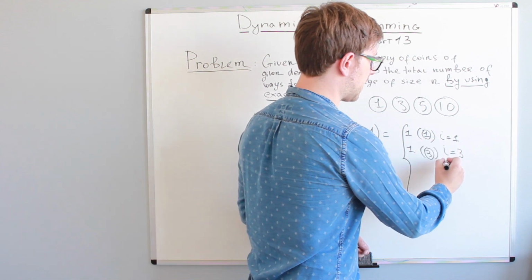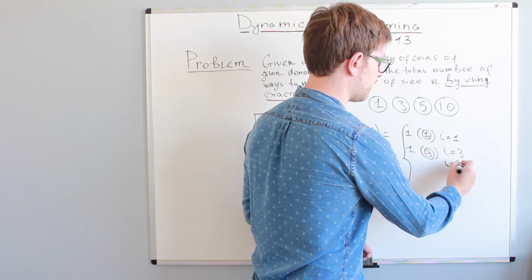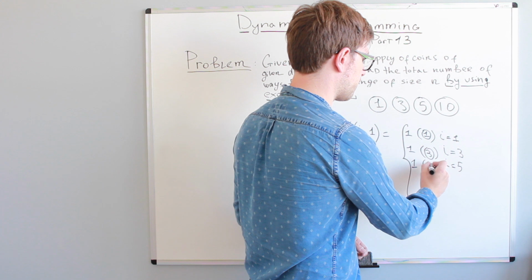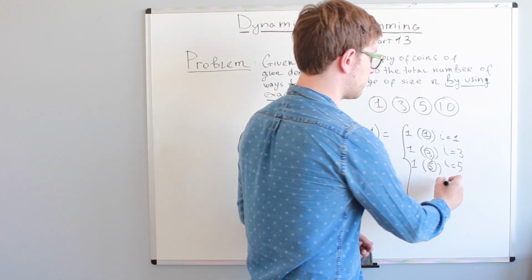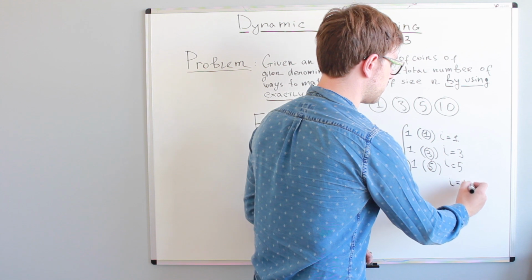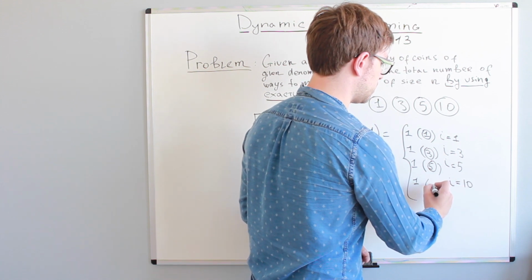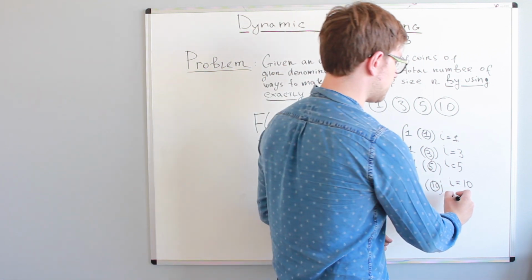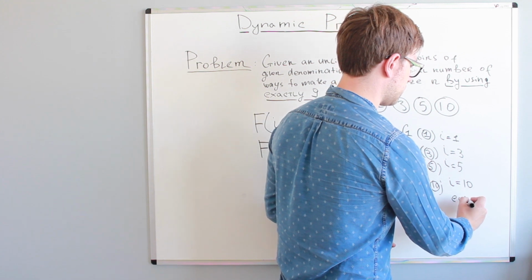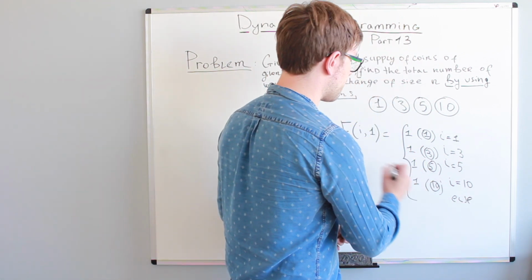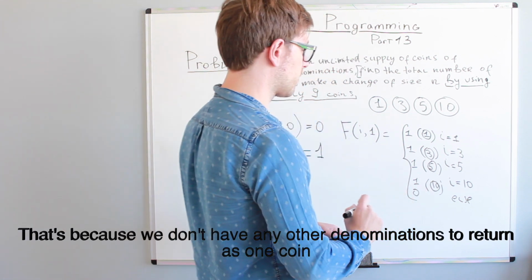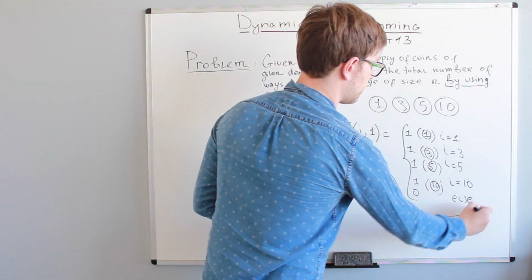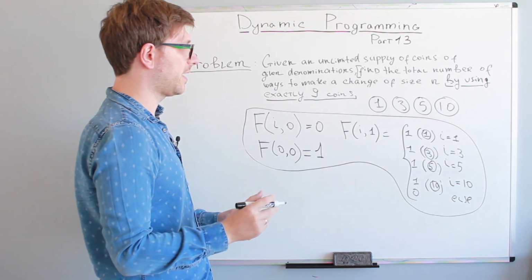When I equals 5, there is also one way to make a change, because we have 5 cents. When I equals 10, there is also one way to make a change. We just return 10 cents. In all other cases, we can say for all other use cases, the answer is 0. Okay, so we have our base cases.